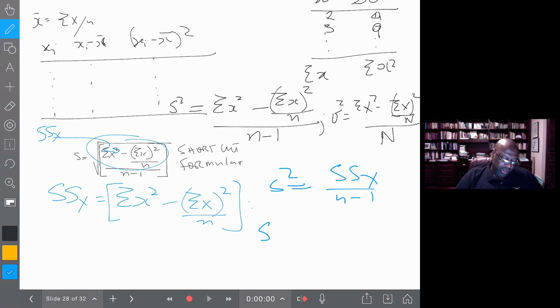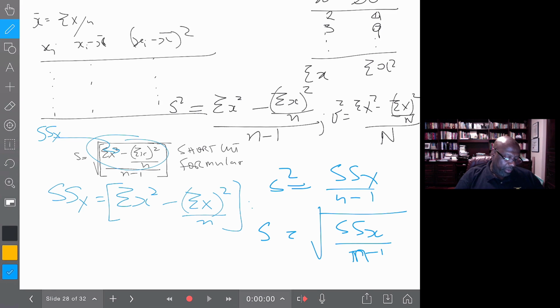And standard deviation, S, is equal to the square root of SSX over n minus 1. So please become familiar with that as early as you can. All right? So that is standard deviation.